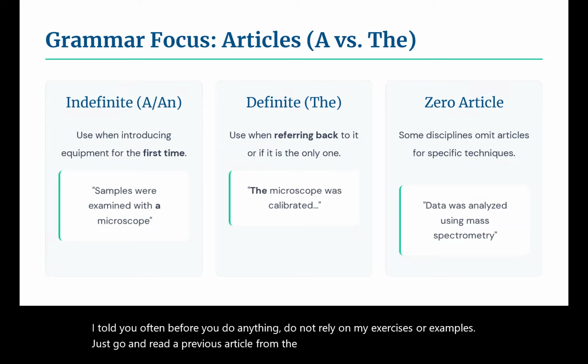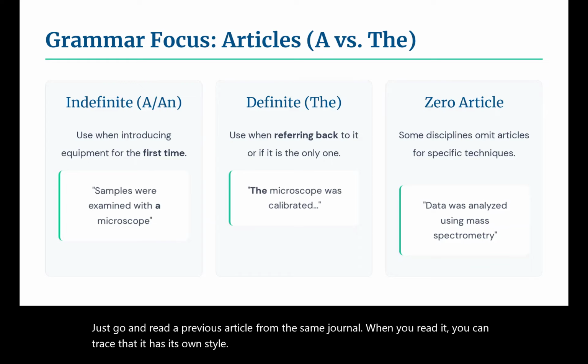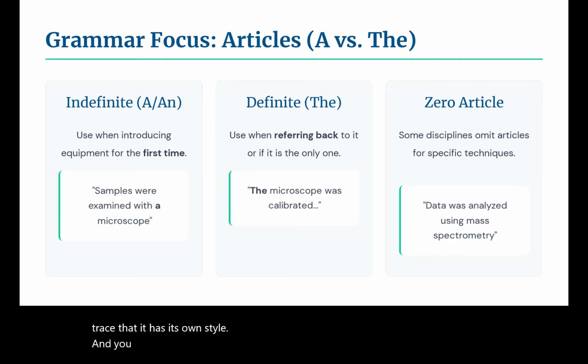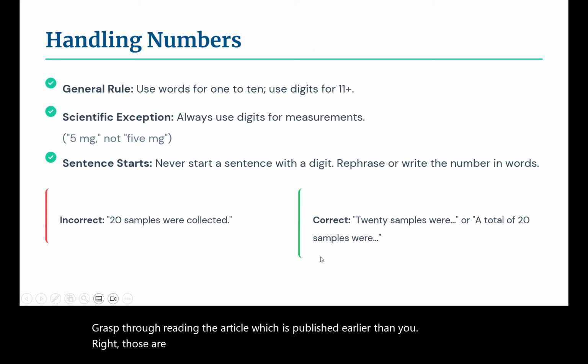When you read it, you can trace that it has its own style, and you have to adjust yourself, adapt to those styles that you grasp through reading the articles published earlier than yours, right? Well, those are simple tips, but I'm sure that they're going to be very, very important.